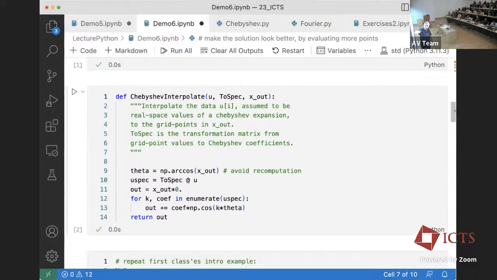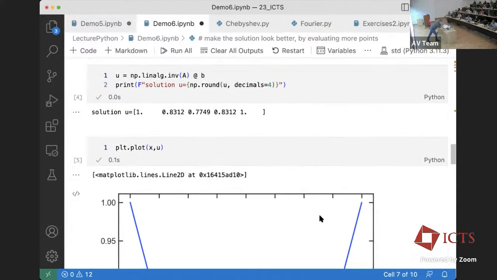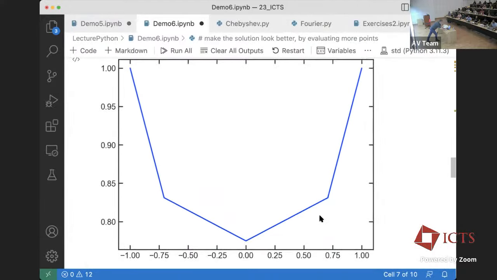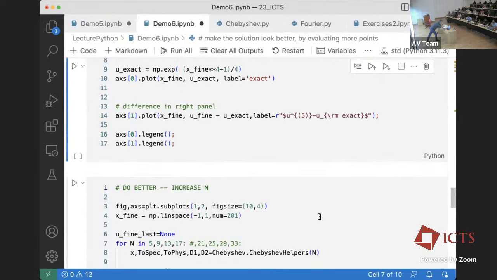Output equals coefficient times Chebyshev polynomial, cosine of k times arc cosine of x, and then it returns it. So this is a helper function. I'm also asking you to write this on the problem set for this afternoon. This is a helper function that simply makes it more convenient to plot this type of result in a different way.